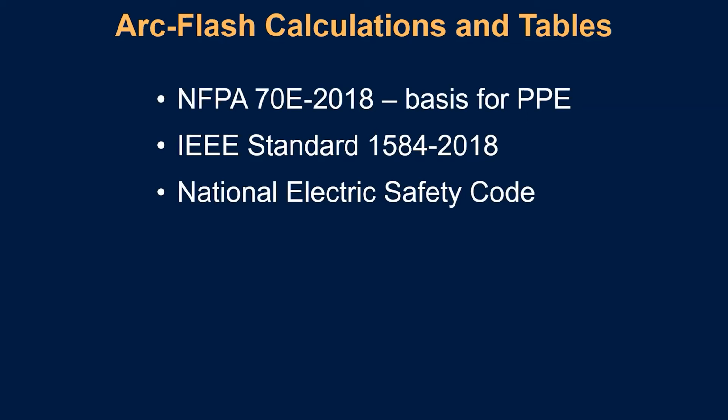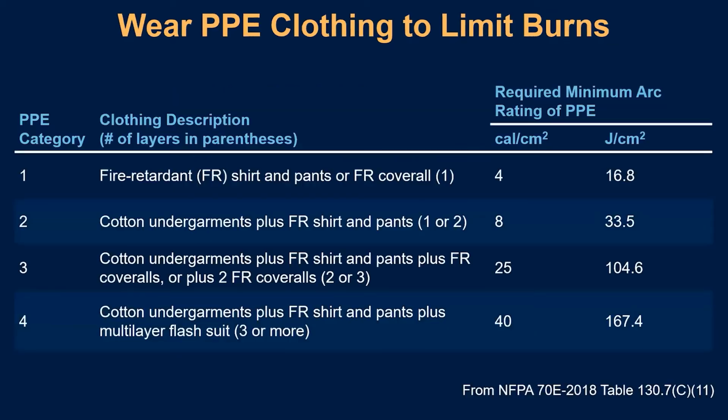And so here's an example of a table from the NFPA standard, which lists out the minimum PPE requirements for each hazard or risk category that you evaluate the equipment to be at. Taking a look at this, if the risk category is lower, for example category 1, then you have a basic FR shirt and FR coverall, and that's one layer. Then as the risk category increases, for example in a risk category of 3, you see the number of layers increase.